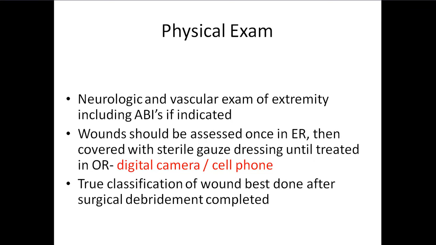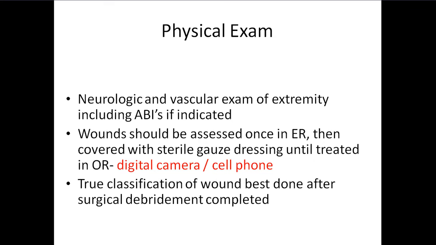The wound should be assessed once in the emergency room, then covered with a sterile dressing until treated in the operating room. When you see the wound, if any blood vessel is severely bleeding, you need to ligate it immediately, suture it, or apply a clamp or artery forceps.